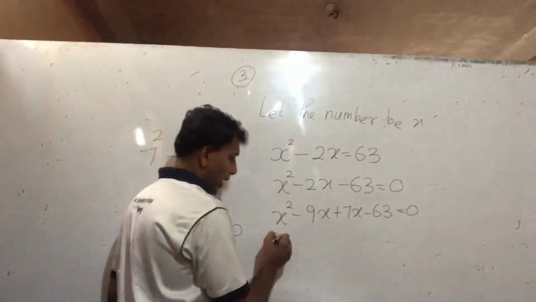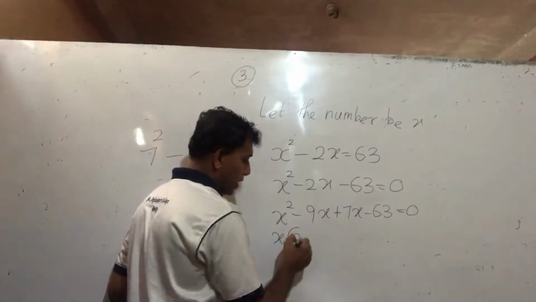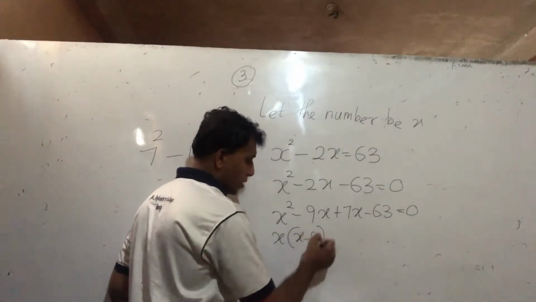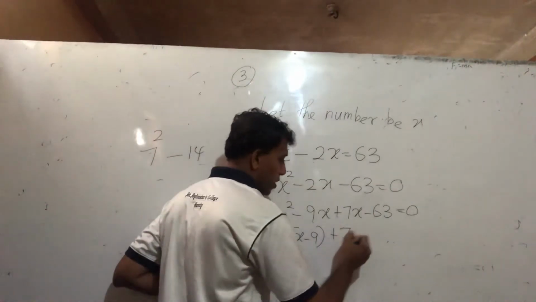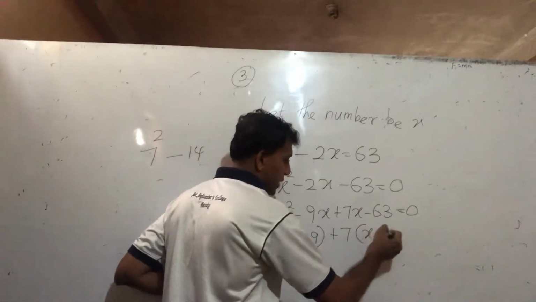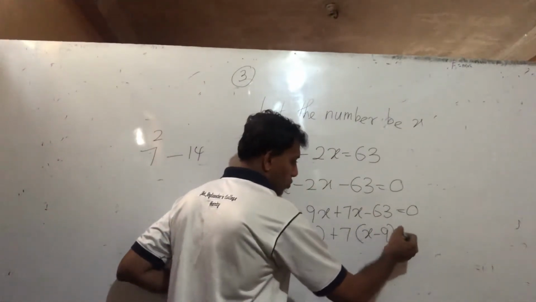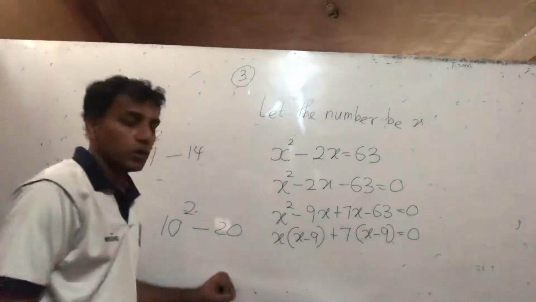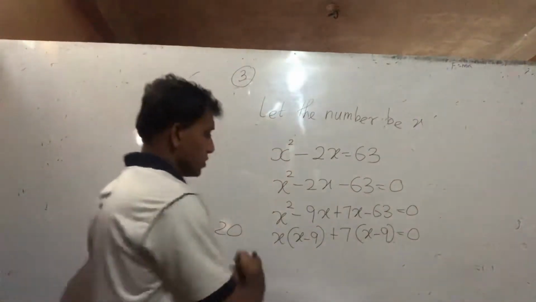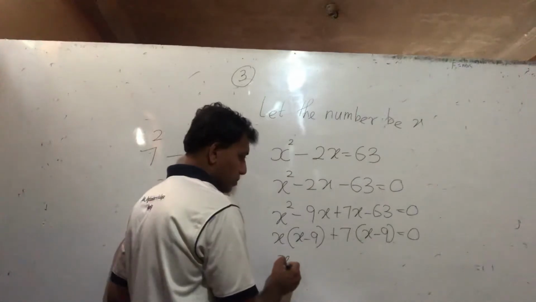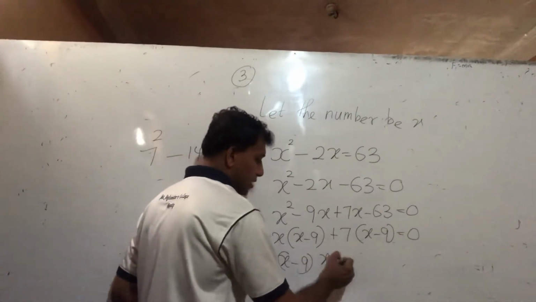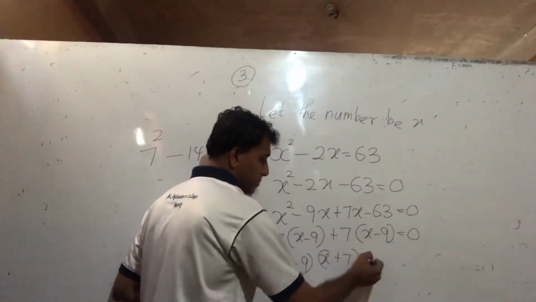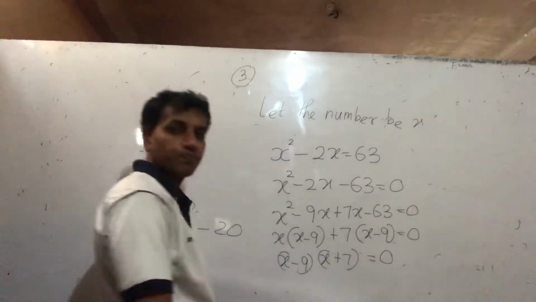So take here x out, x minus 9, one factor, here take the plus 7 out, x minus 9. So x minus 9 one factor, x plus 7 other factor equal to 0.